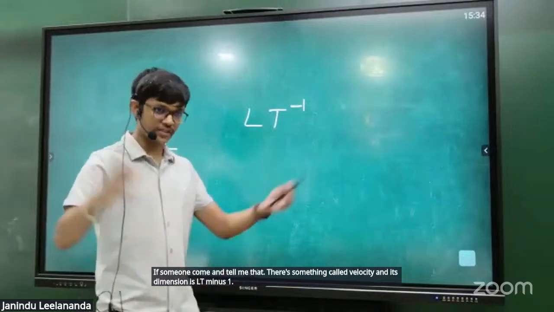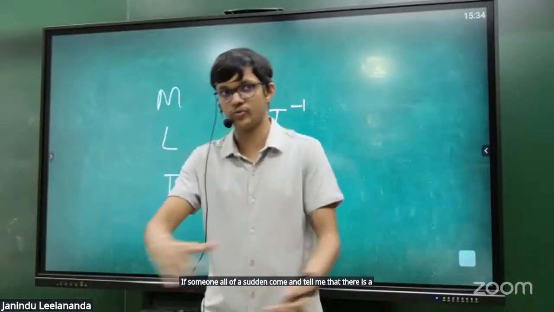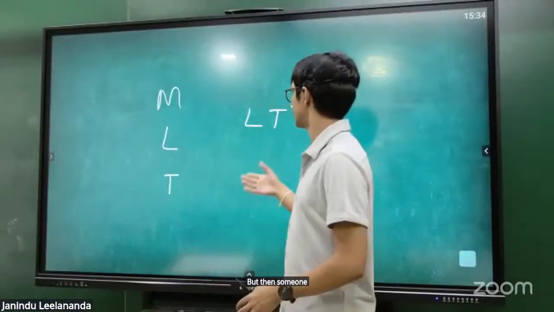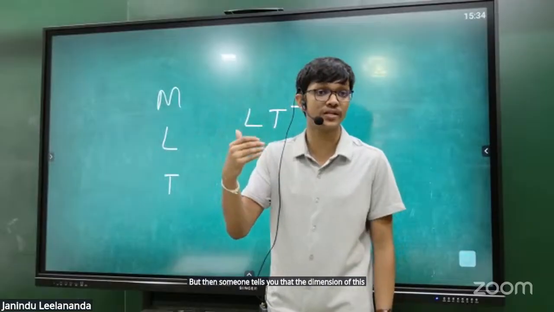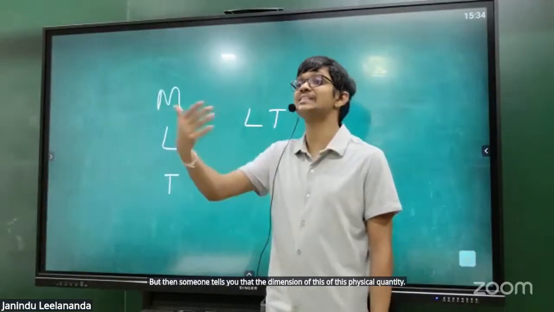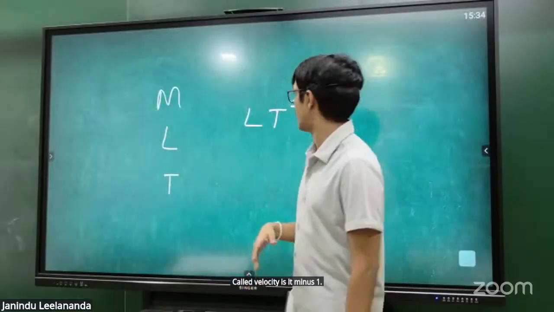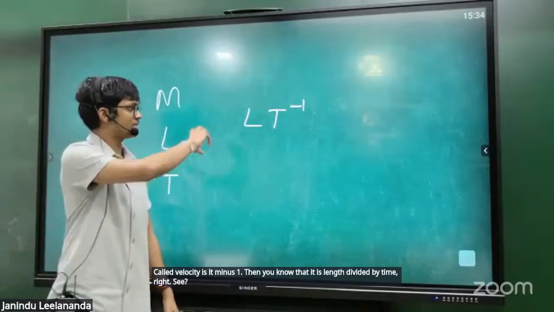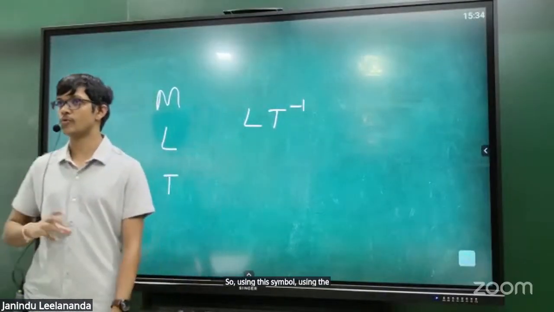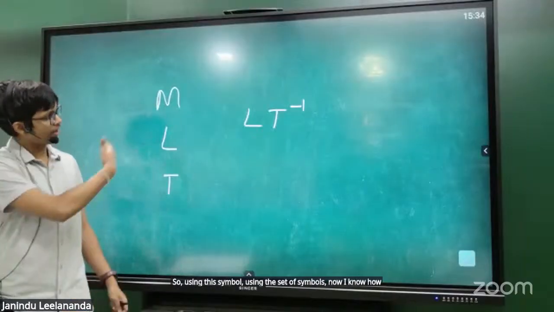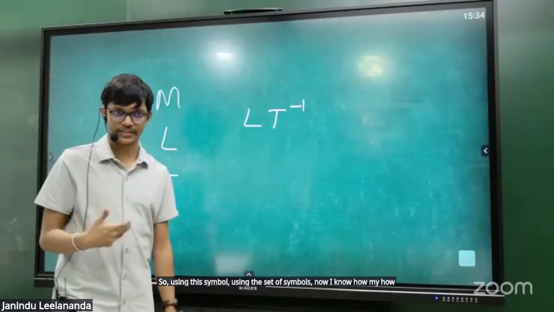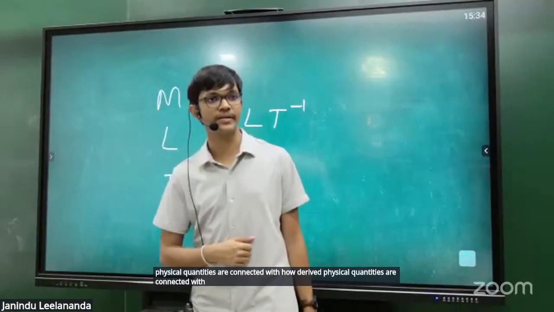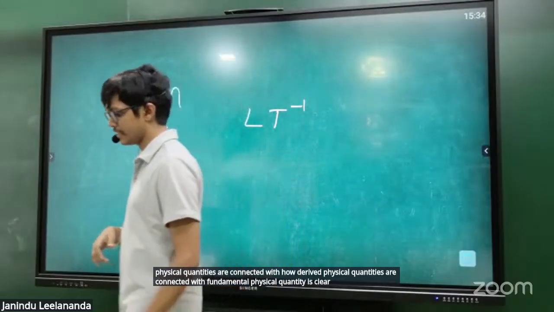You have no idea about velocity, you don't know what velocity is, but then someone tells you that the dimension of this physical quantity called velocity is LT minus 1. Clear? Then you know that it's length divided by time, right? See? So using this set of symbols, now I know how derived physical quantities are connected with fundamental physical quantities. Clear? That is the basic idea.